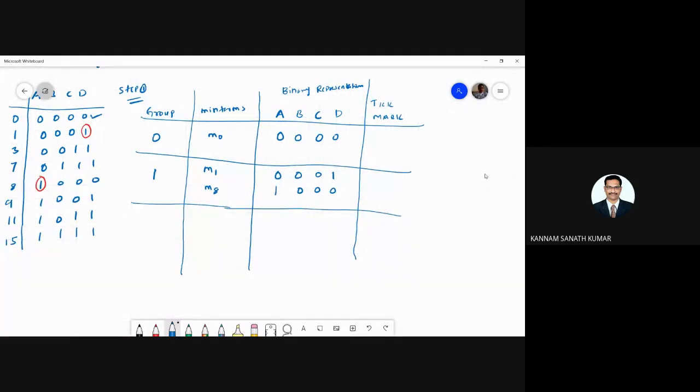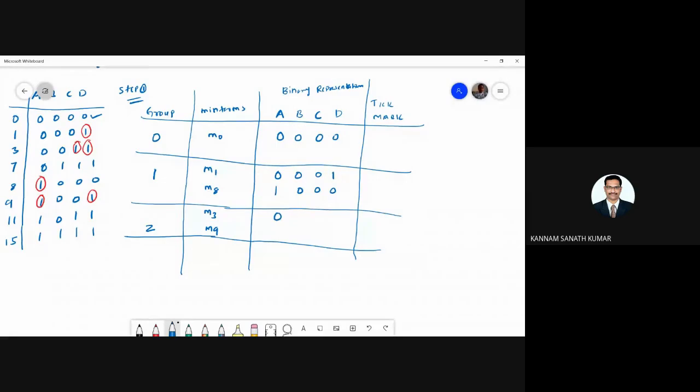Next, group 2, you have to see for two ones. M3 has two ones and M9 has two ones.